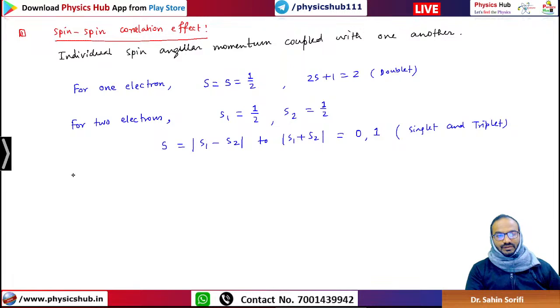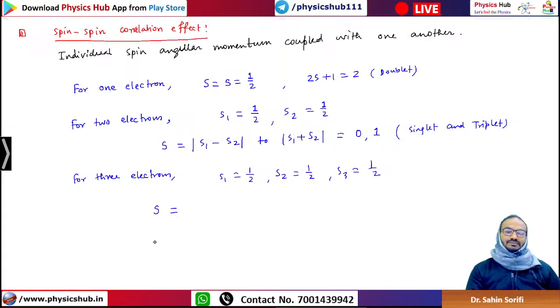Right? Now let's take the case of 3 electrons. So S1 will be half, S2 will be half, S3 will also be half. Then S will be, you can see here 3 things are there. How many possible combinations may be there?